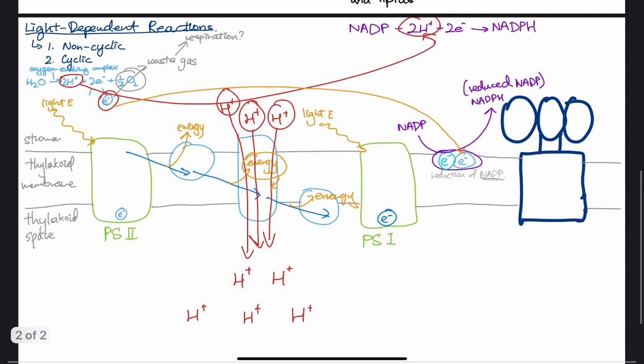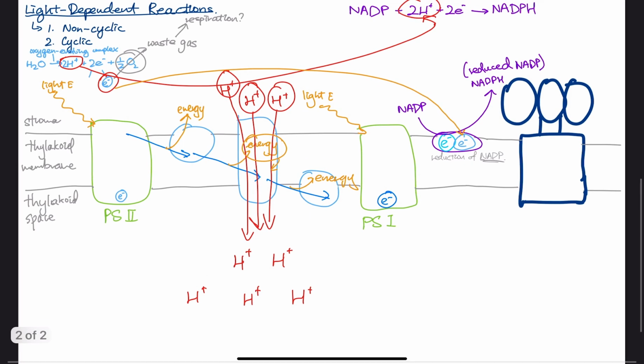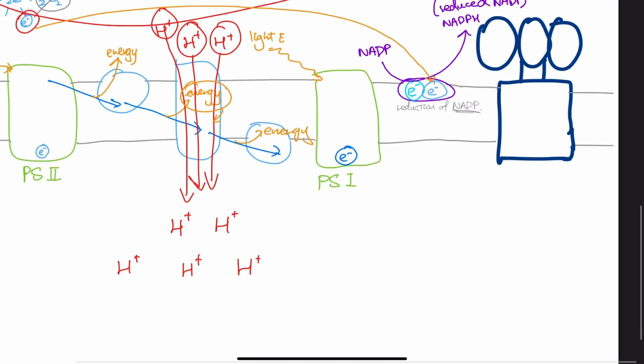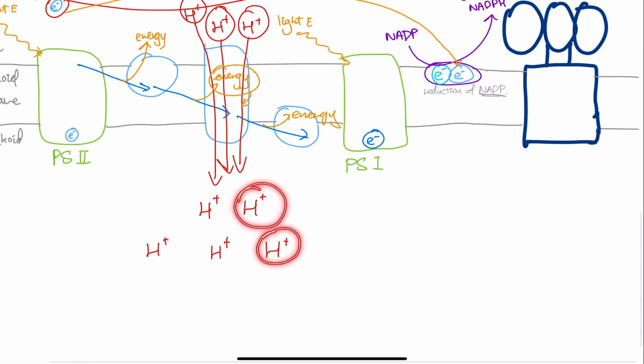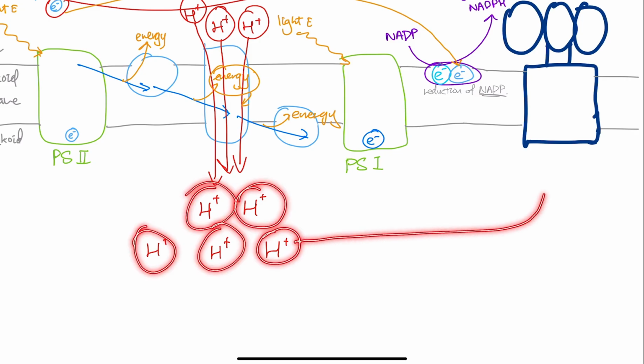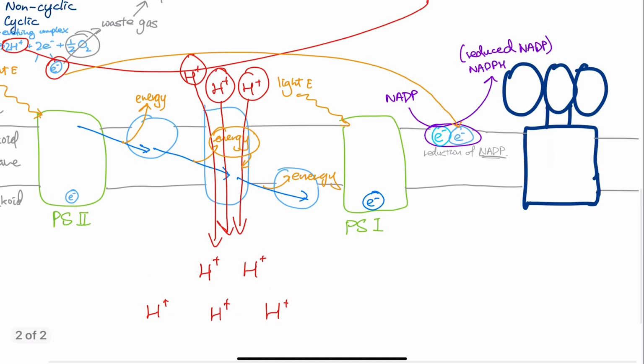Okay, so that's quite comprehensive for the non-cyclic part, but just one thing I want to say before I end the non-cyclic part is that the hydrogen ions that we have accumulated inside the thylakoid space are now going to get pumped out of the thylakoid space.